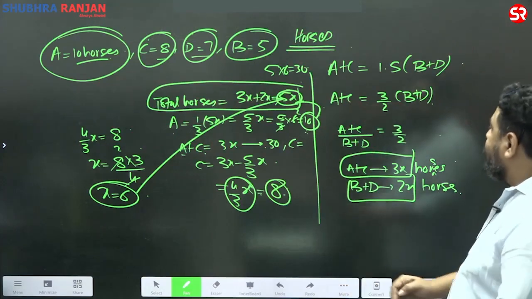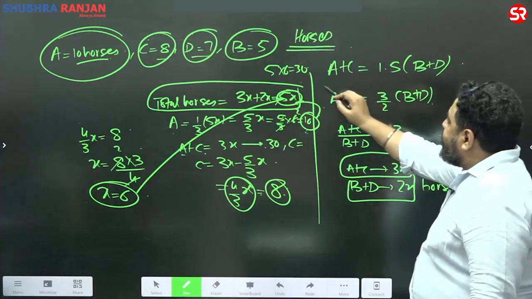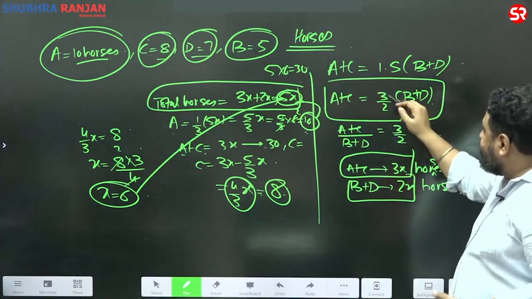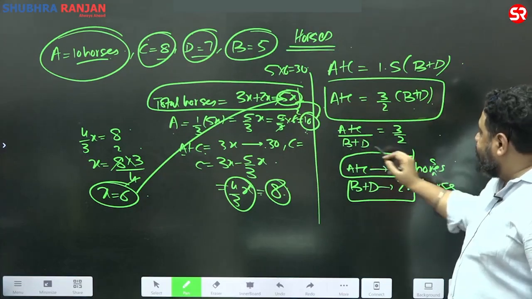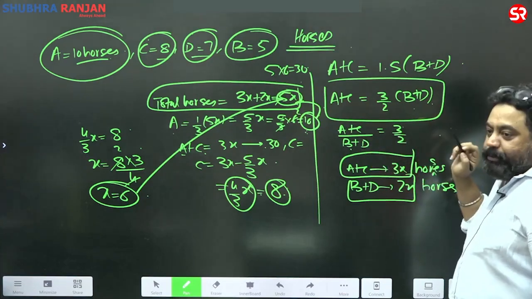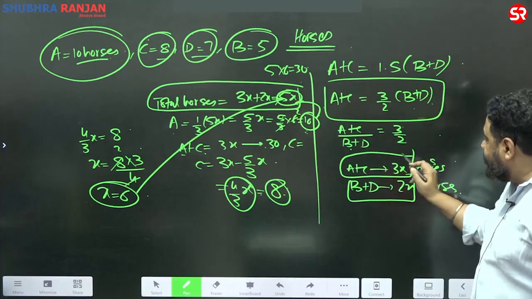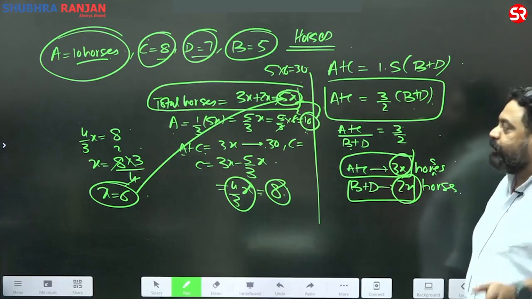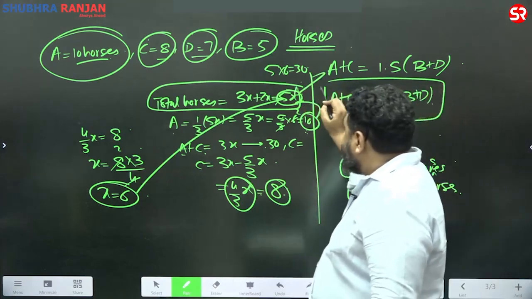Now again just look at this, A plus C got 50% more horses than B plus D, which means 3/2, which means A plus C upon B plus D is equal to 3/2, which means if I say A and C got 3x horses, then B and D got 2x horses, so total number of horses comes out to be 5x.